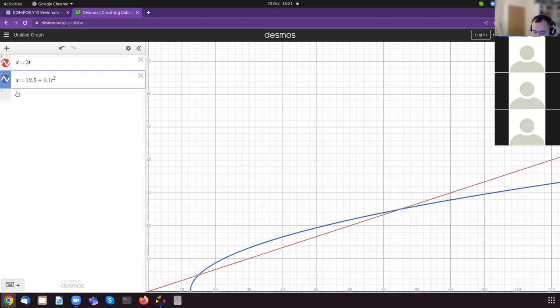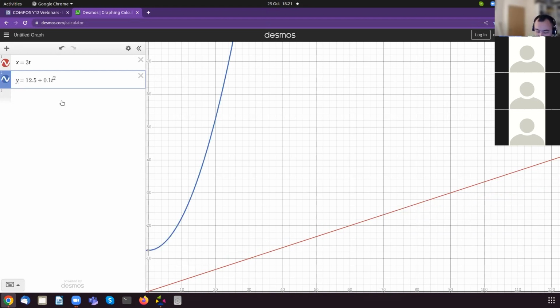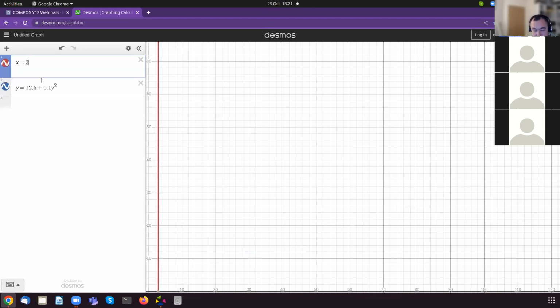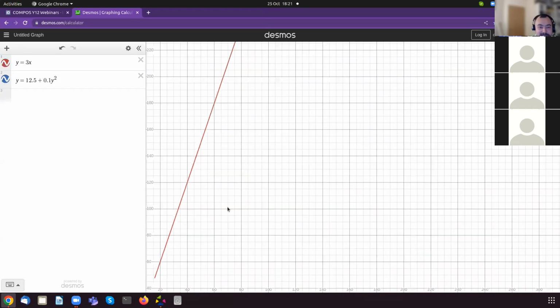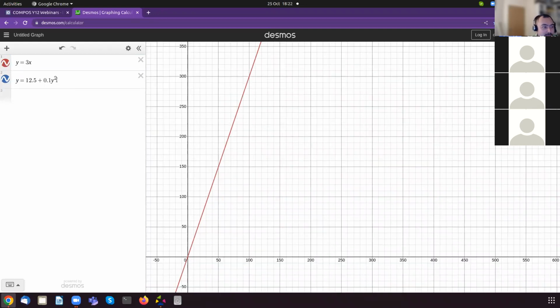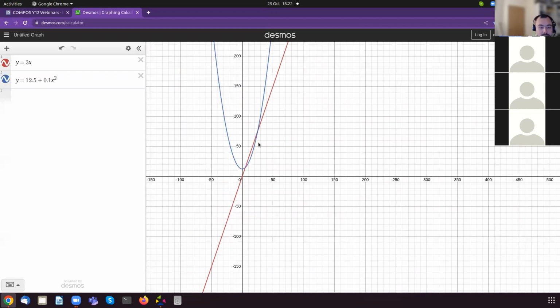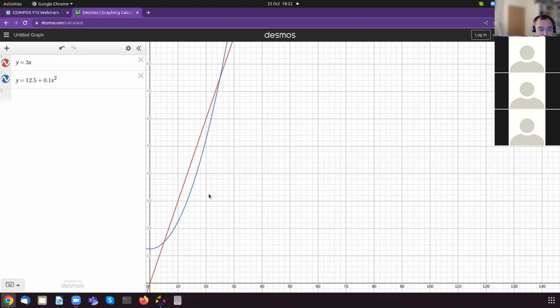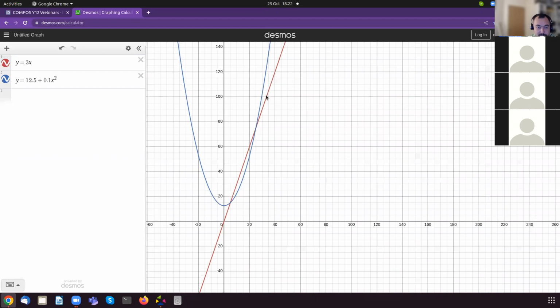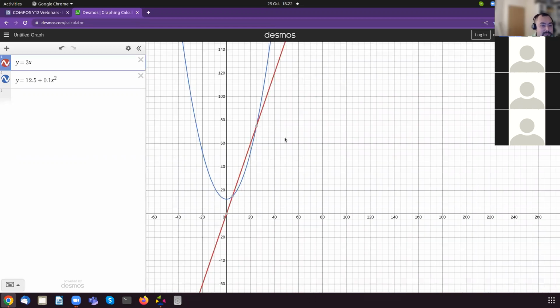Okay, I need to do it the other way around. Okay, that's better. All right. The person catches up with the train twice, when t is 5 and when t is 25. And then the train speeds away from the person.